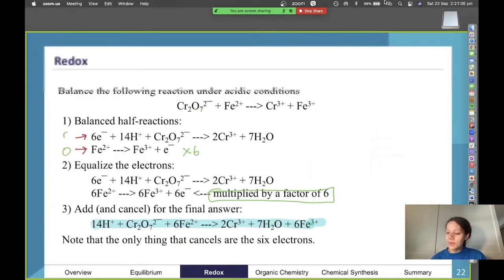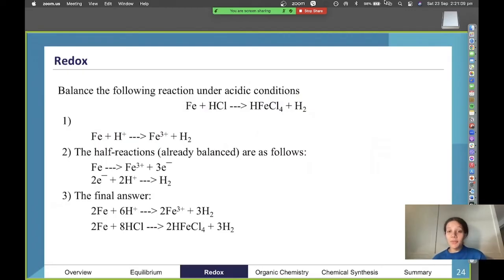So we'll actually go onto this slide because we have a bit of a different situation here because of how our hydrogen has worked out. Our half reactions that are already balanced are actually below. So the iron we just consider in terms of the ion itself.